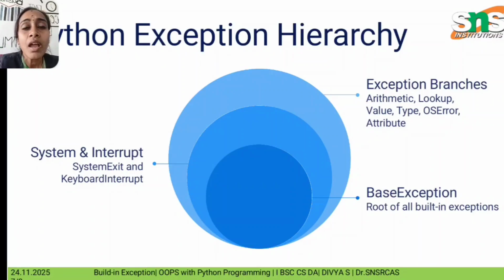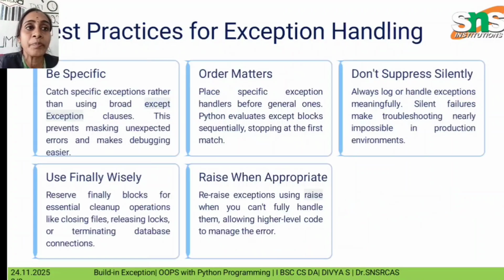The second branch is SystemExit and KeyboardInterrupt. Finally, the Exception branches: arithmetic, lookup, value, type, OS errors, attribute errors and others.